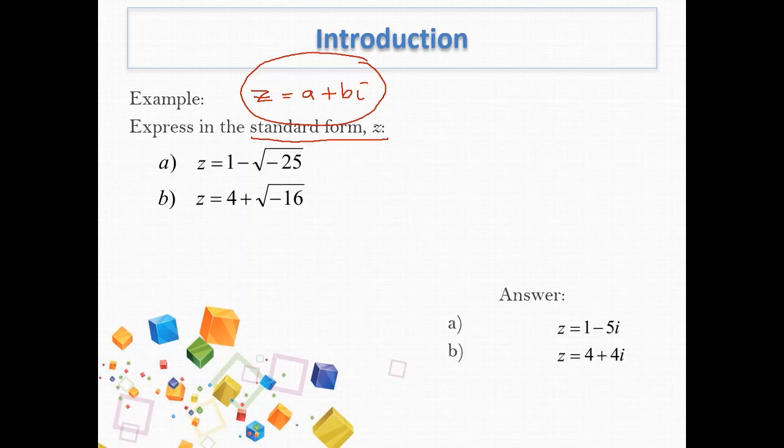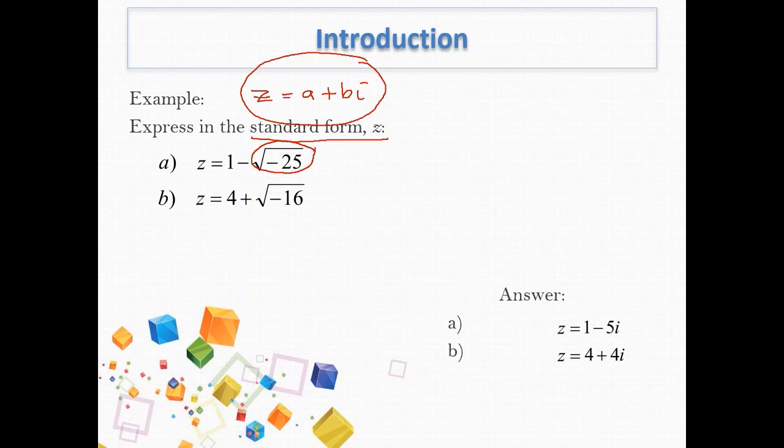So if you look at the first example here, we have z equal to 1 minus the square root of negative 25. We already knew that it is impossible to find the square root of a negative number, unless we substitute the square root of negative number by imaginary number.